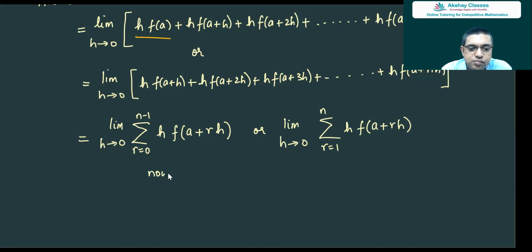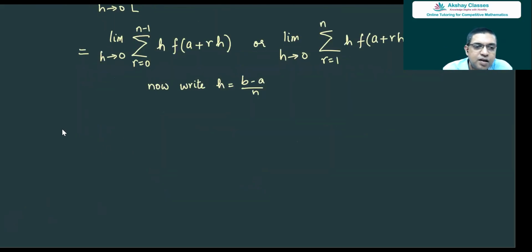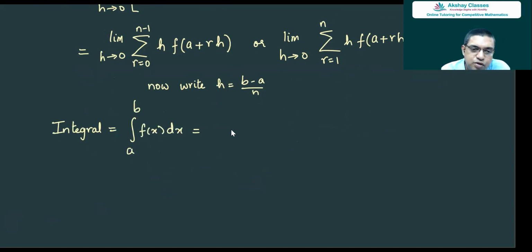Now, write h as b minus a upon n. Okay. If we do this, we get the integral value as, what is that integral? A to b f of x dx is equal to, just see here, from first principles, we derived it very, very simply.